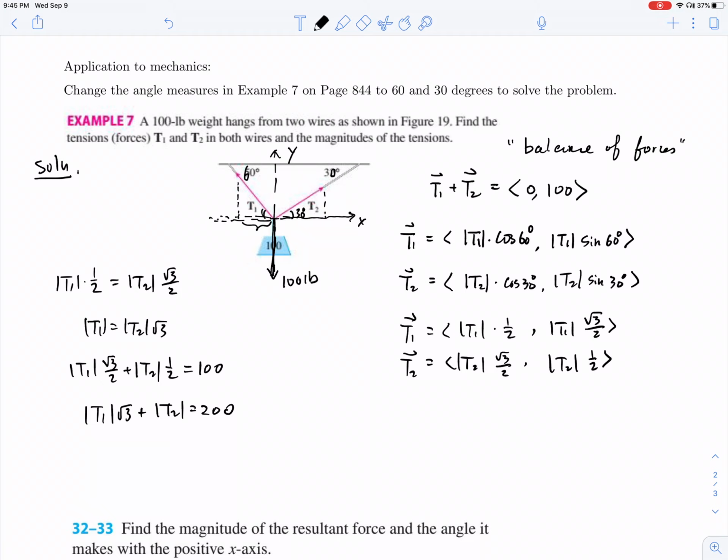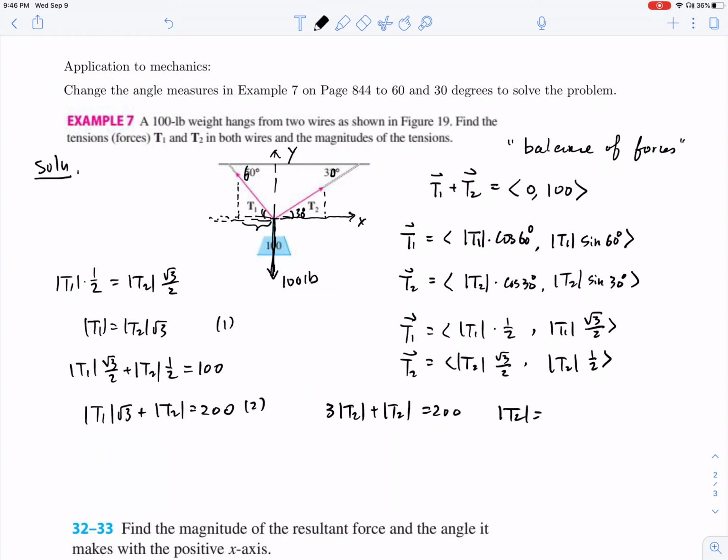So now using these two equations, 1 and 2, we can find the answer, because if we substitute T1 inside, then we will see 3T2 plus T2, add them up over here, and that's going to be 200. So 4T2 is going to be 200.